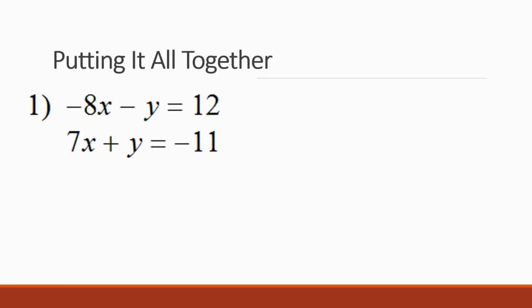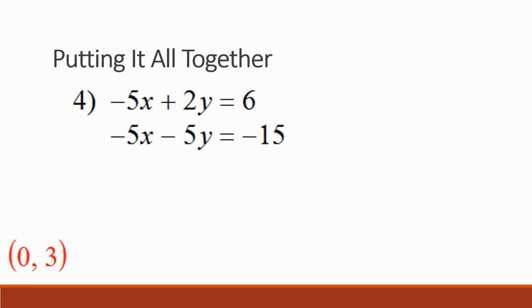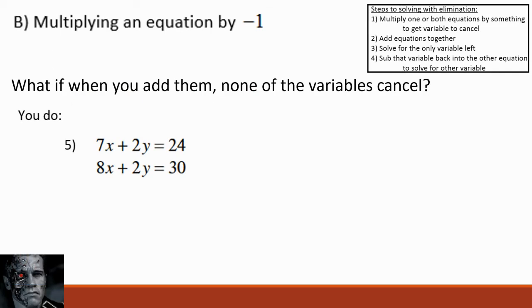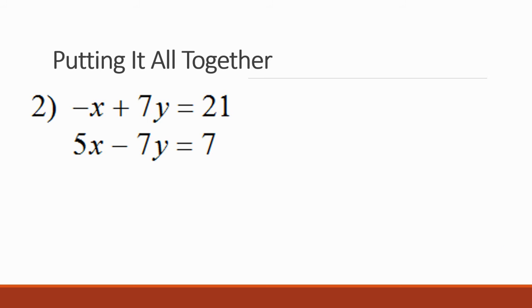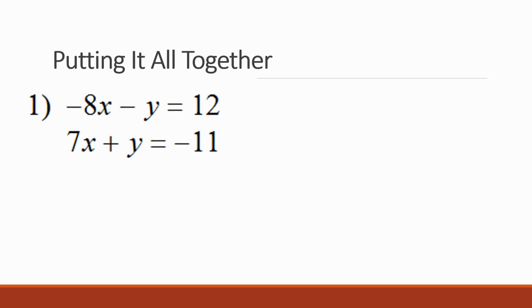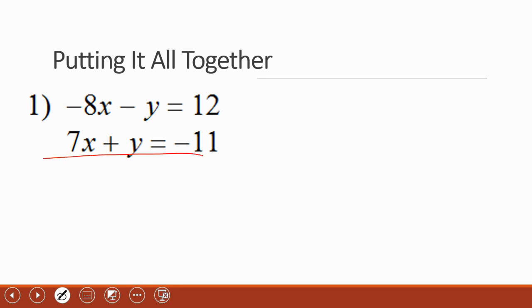Okay, so there are 4 putting it all together questions. Just pick 2 of them to do. And check your answers. I'll work the one out that doesn't have the answer. So right here, I'm going to just be able to add these. So x equals -1.